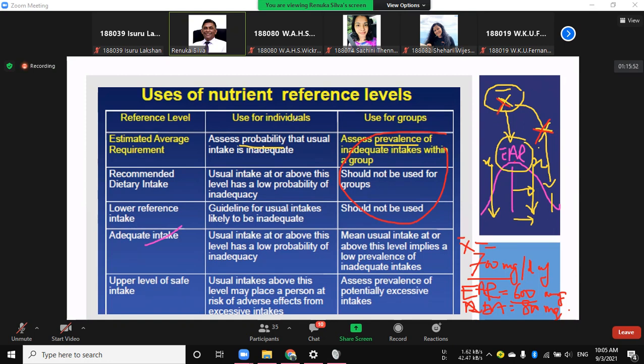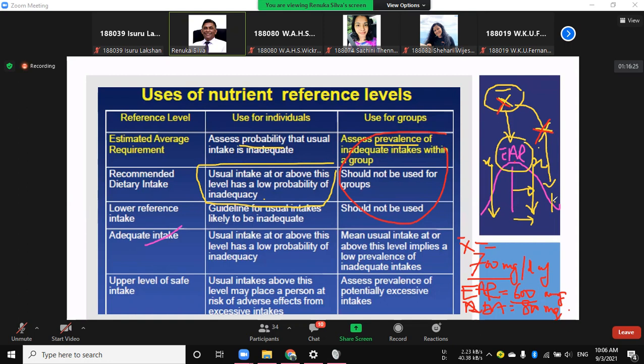RDA, on the other hand, this is important. Usual intake at or above this level has a low probability of inadequacy. For individuals, if Sonali's value is less than RDA, then Sonali has a higher probability, or higher chance, of getting inadequacies.